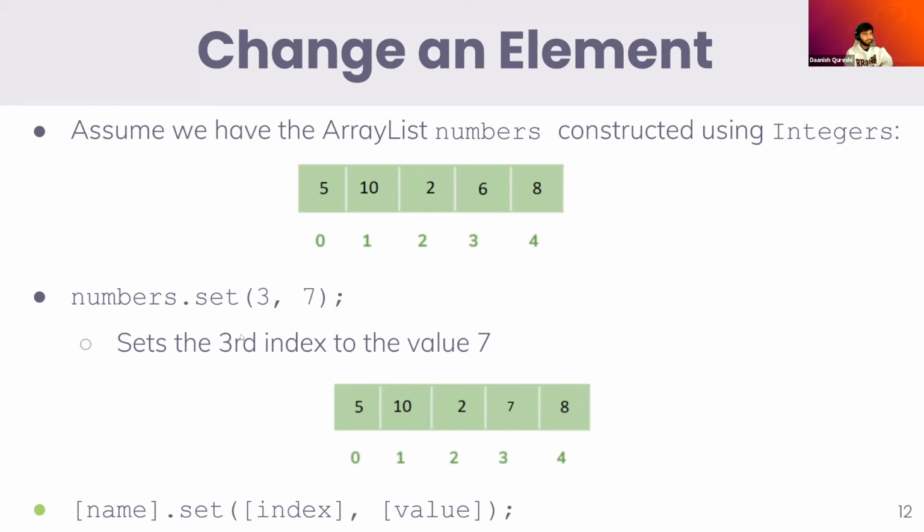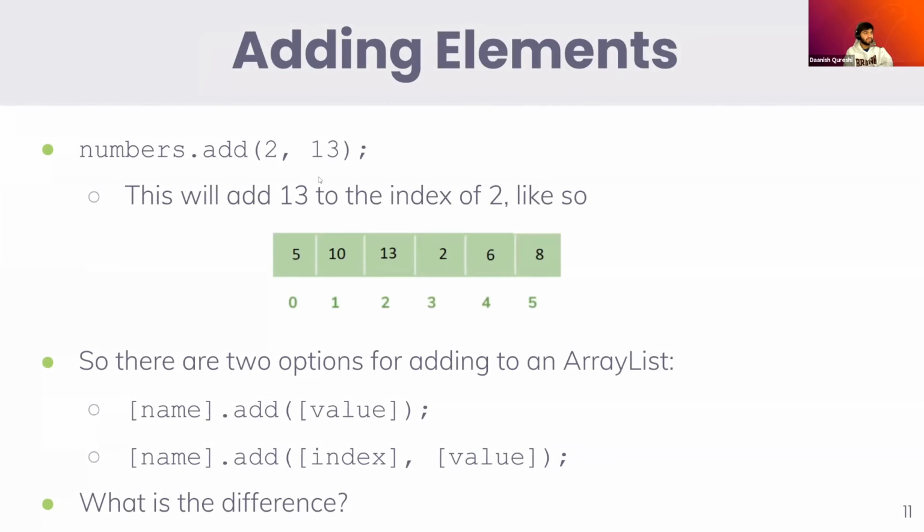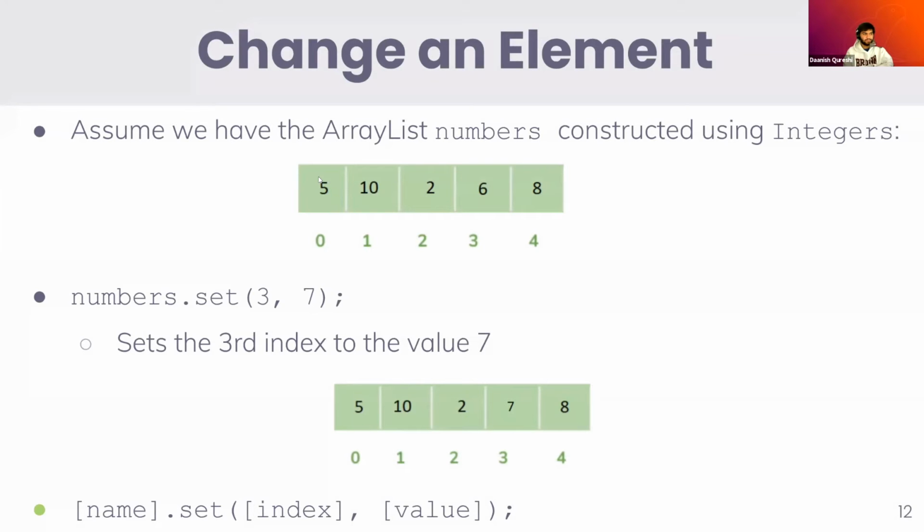So what we do is numbers, which is the name, dot set, and then the index, and then the value. Like we saw before with numbers.add index comma value, the index goes first, and then the value goes second. So here we change that third index to the value 7. It went 5, 10, 2, 6, and now it goes 5, 10, 2, 7.